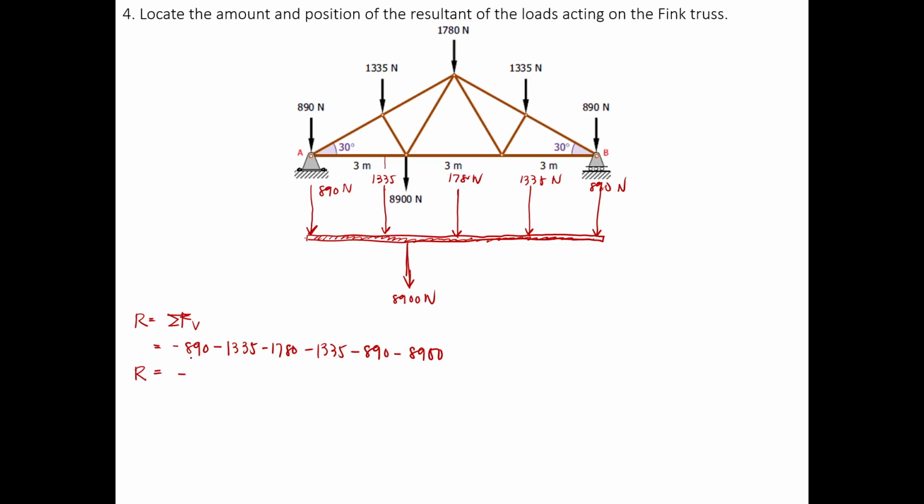So the resultant force is negative. Let me calculate it first. So that will be negative 1513 Newton, or in arrow form, 1513 Newton with the arrow going down. All right. So first step done.